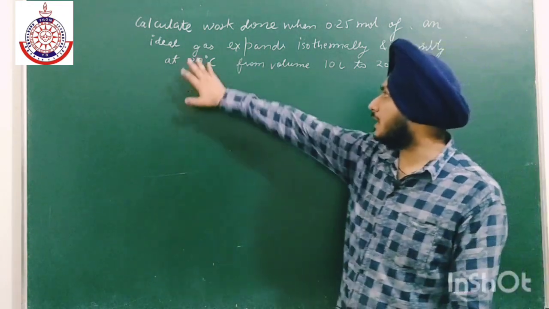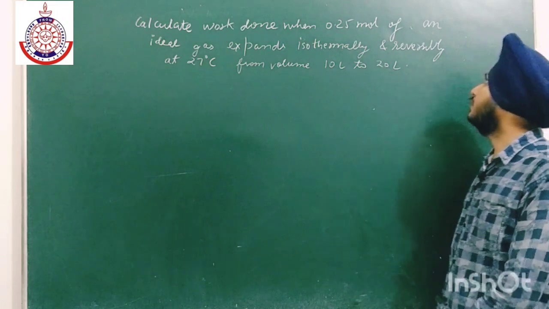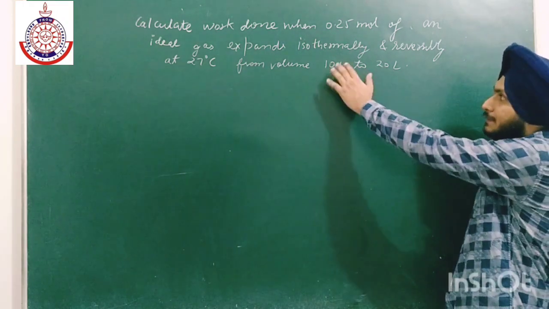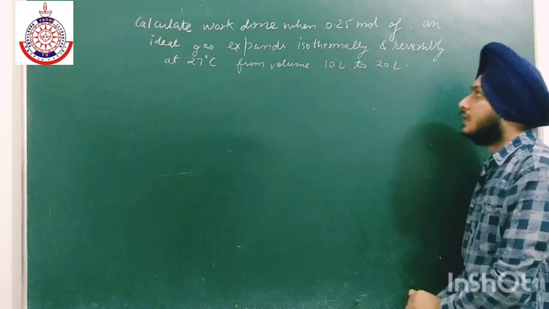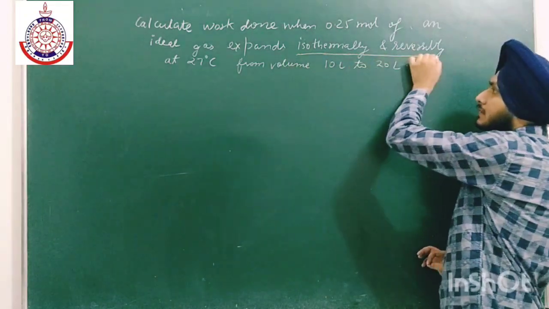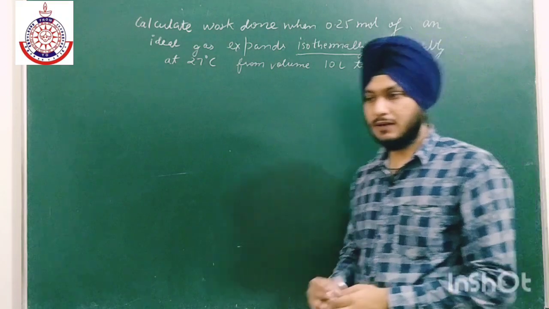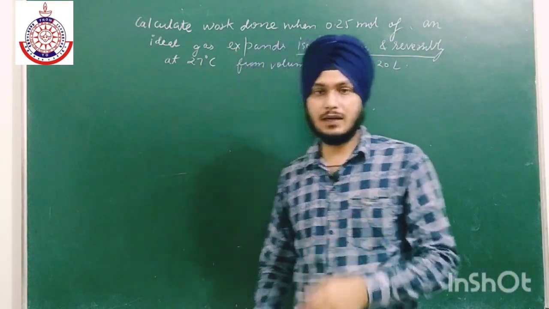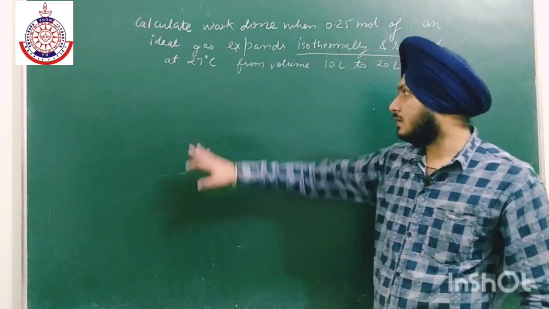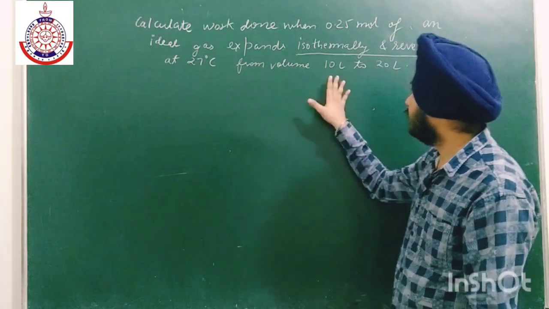We have to calculate the work done when 0.25 mole of an ideal gas expands isothermally and reversibly. It is given to us that the gas is expanding isothermally and reversibly, so we have to apply the formula which we have derived earlier, at 27 degrees Celsius, from volume V1 to V2.